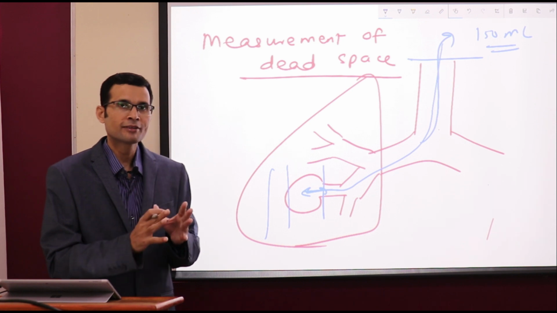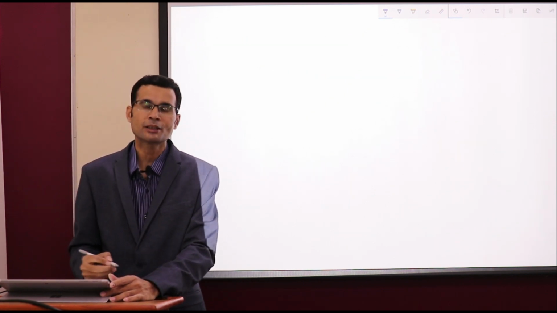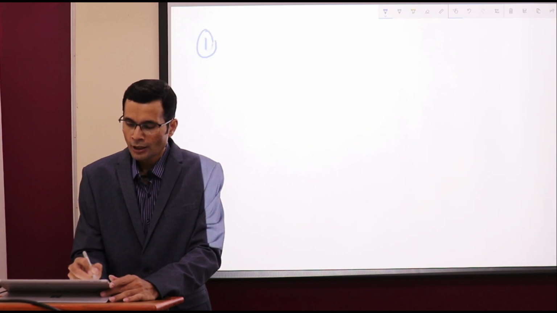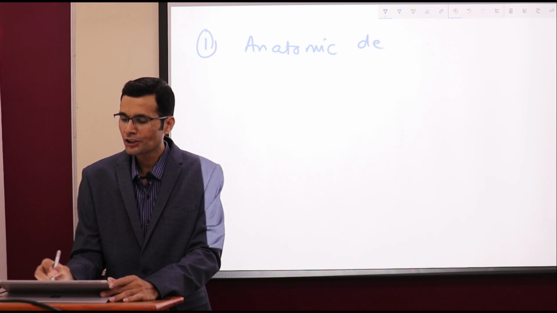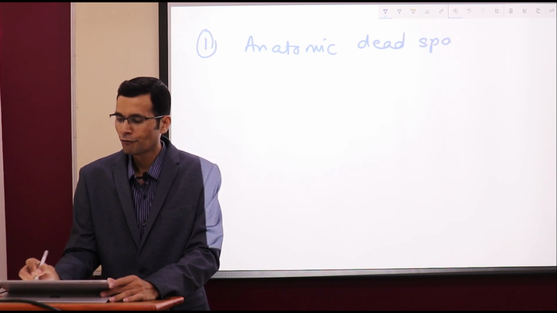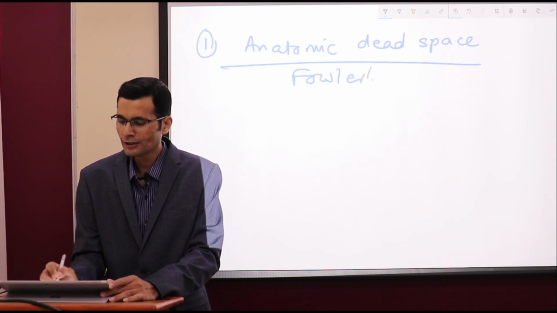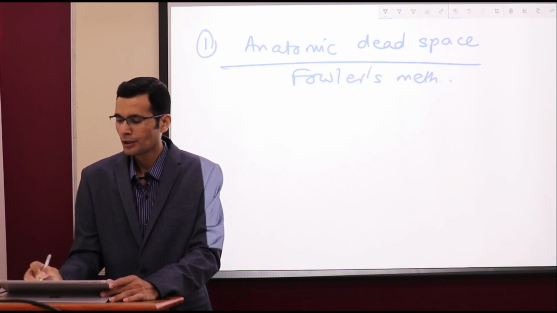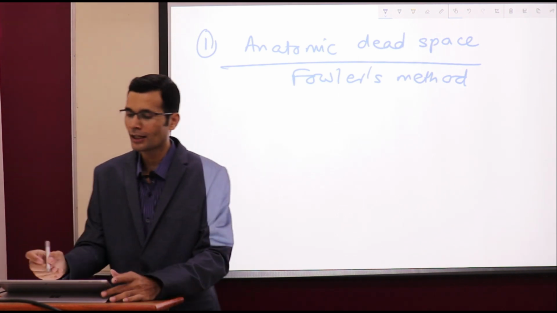After having emphasized this, let us now see the measurement of the dead space volume. Anatomic dead space is measured by Fowler's method. Now this Fowler's method is also called single breath nitrogen analysis.